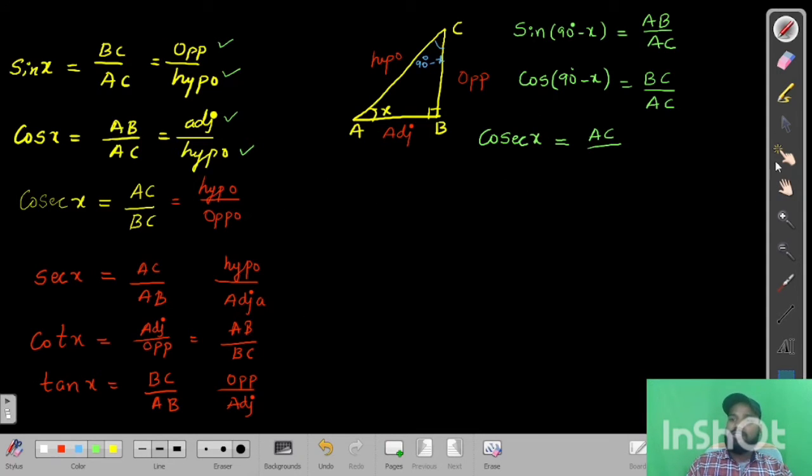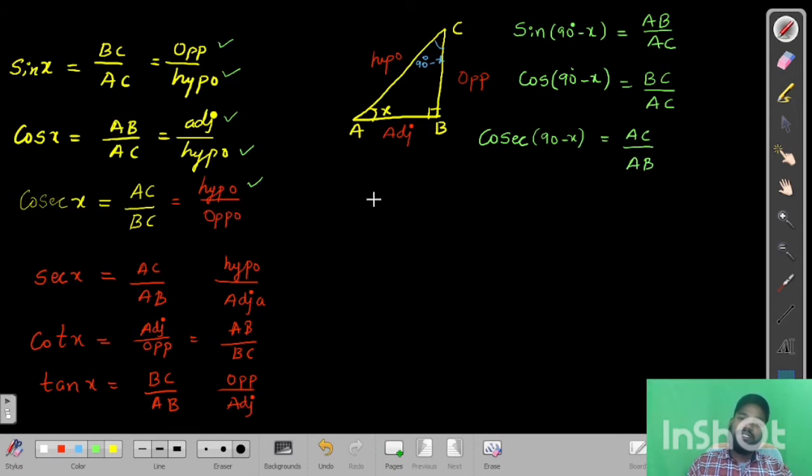Sorry, I should write 90 minus x here. The cosec formula is hypotenuse by opposite. Hypotenuse is AC, and opposite with respect to this angle is AB.